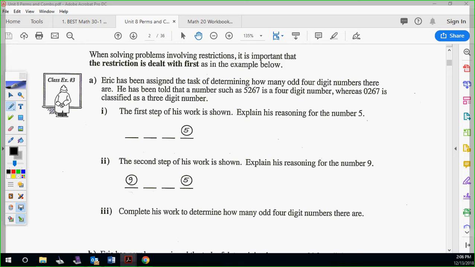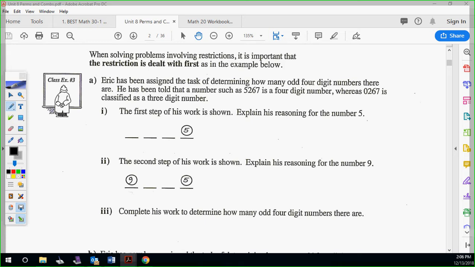So like a 2 could be in there, but 2003 would be an odd number, 4-digit. Okay, so it says he's been told such a number as 5267 is a 4-digit number, whereas 0267 is classified as a 3-digit number. So what does that mean? We can't have what? We can't have 0 for the first digit. That's what the restriction's telling you. Okay, so 0 can't be in the first digit.